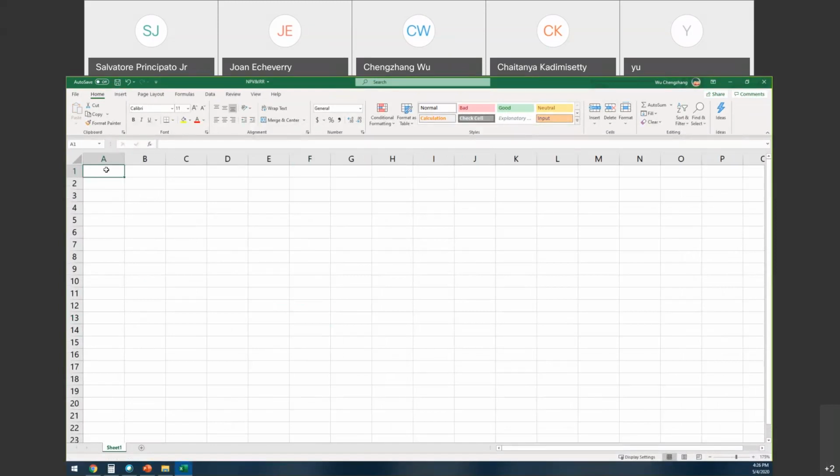Now we can start making this spreadsheet. It's Smart Touch Learning company's capital investment analysis.